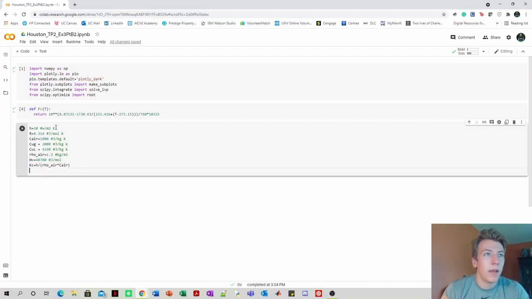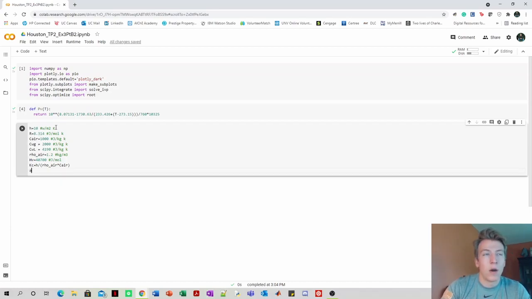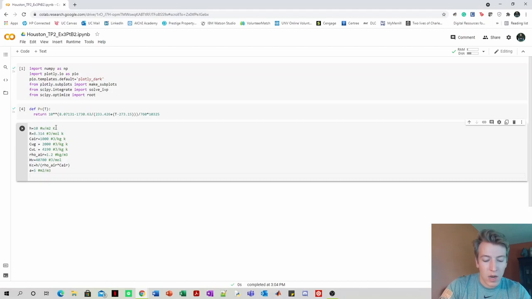Some other stuff we may want to incorporate. This could include the specific area, which is represented by the A, given to us, that was 5 meters squared per meter cubed.